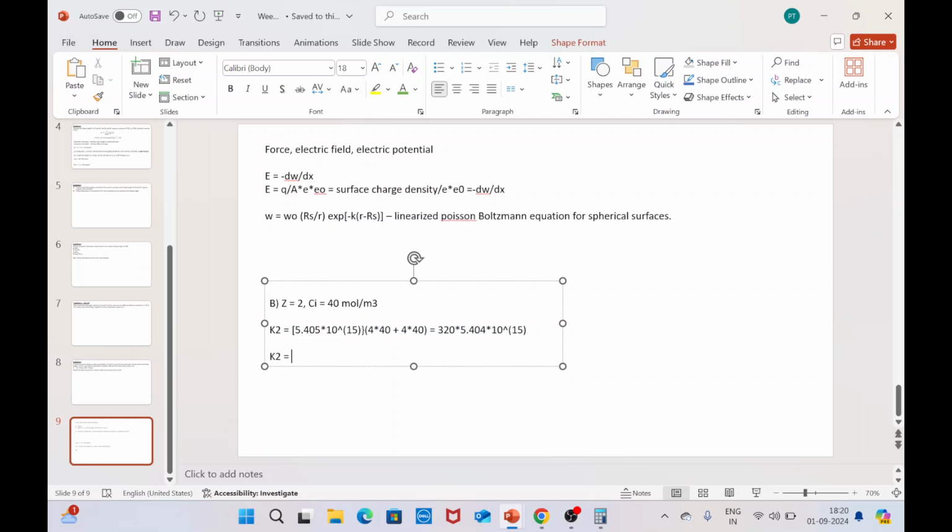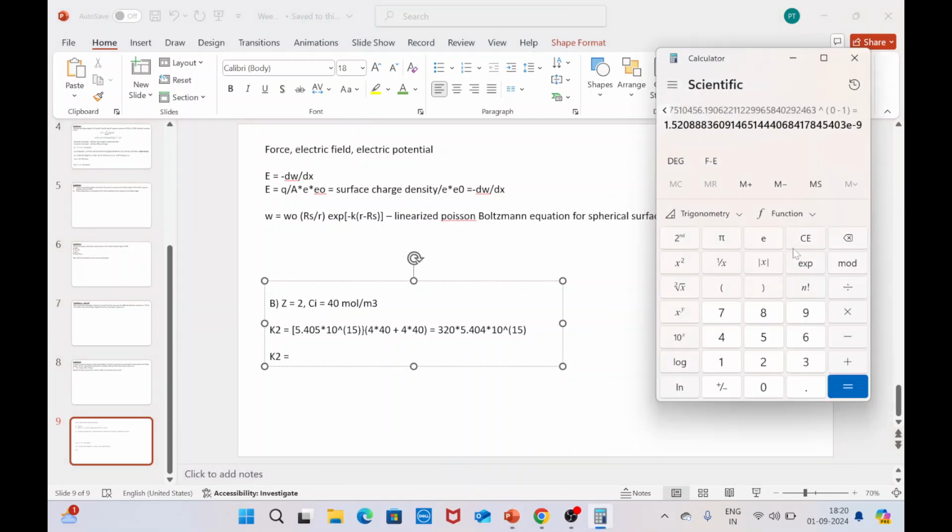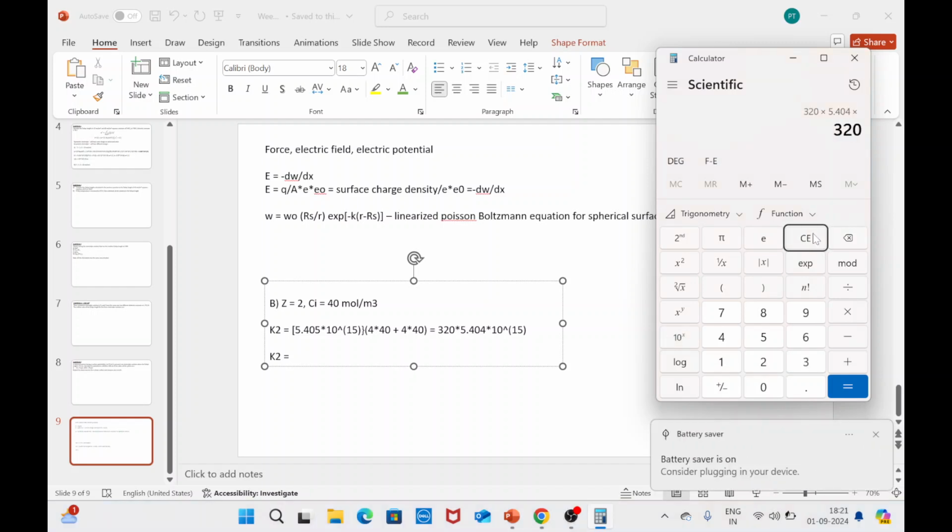So kappa square will be, let's calculate, 320 times 5.404.